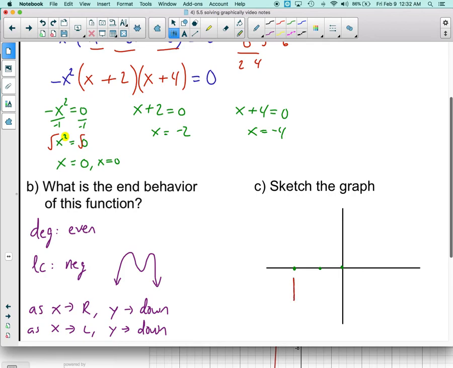So I start on the downside, come up through this, curve back around, hit my next x-intercept, and then it's supposed to curve back up. Now it says it's supposed to go down, but if I keep going up and don't come back down like I'm supposed to, that wouldn't make sense, but this would have to be another x-intercept. So there's something a little weird going on here that we need to talk about. I'm going to hold off on my sketch for right now, just knowing something doesn't feel right about this from what we just talked about.